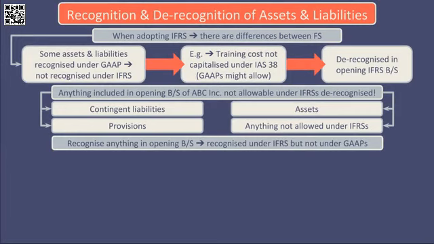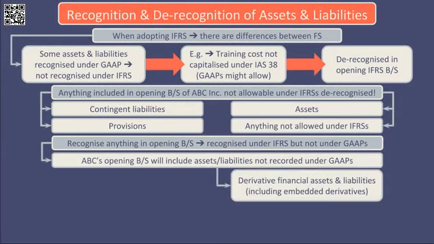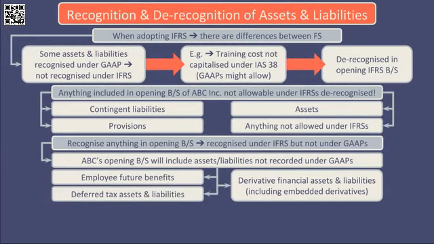So ABC's opening balance sheet, the one for the beginning of 20x6, will include the assets and liabilities not recorded under GAAP. These could include all derivative financial assets and liabilities, including embedded derivatives as per IAS 39, or employee future benefits not recognised under IAS 19, or deferred tax assets and liabilities according to IAS 12.